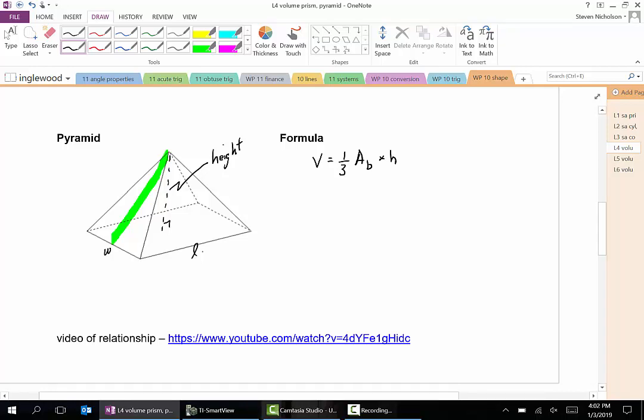If you want to see why it's exactly 1/3 of the volume of a prism, because remember, that's that formula we have above, there's a really nice visual at this YouTube location. So go have a look at it. It's kind of interesting and it's easy to follow.